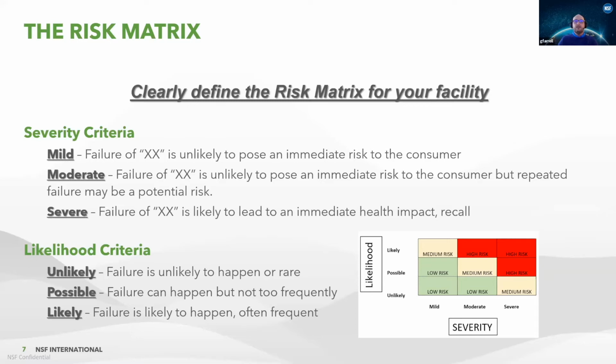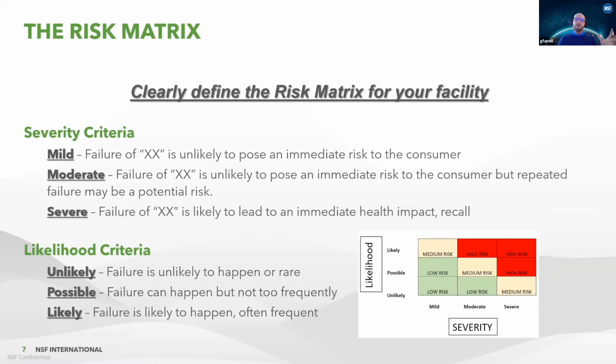Moderate: failure of XX is unlikely to pose an immediate risk to the consumer, but repeated failure may be a potential risk. So if it happens once, it's mild. If it continues to happen or repeatedly happens, then we've got to ramp that up. It's got to become a moderate risk. And then we're looking at it from a different perspective than the mild.